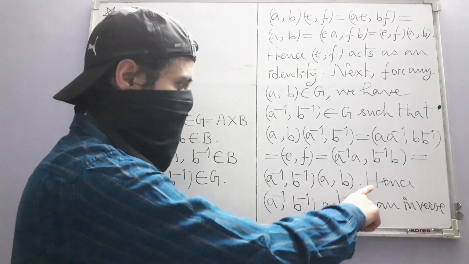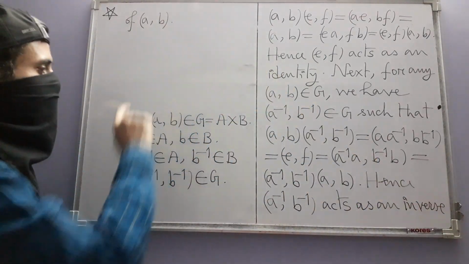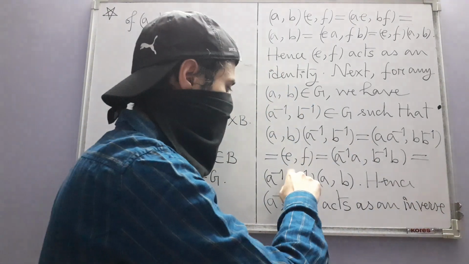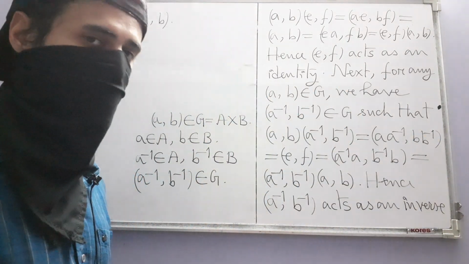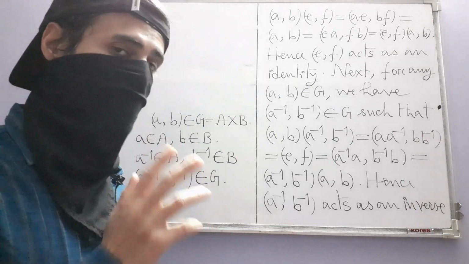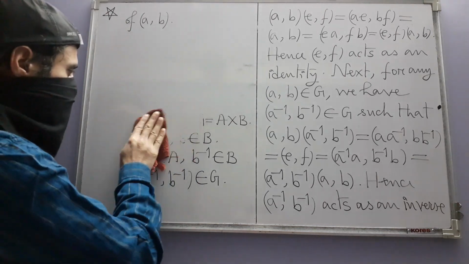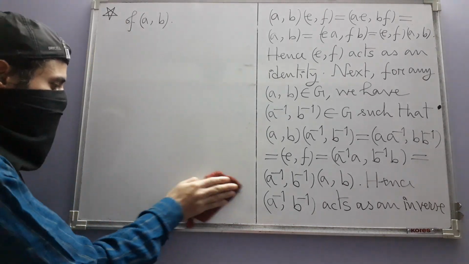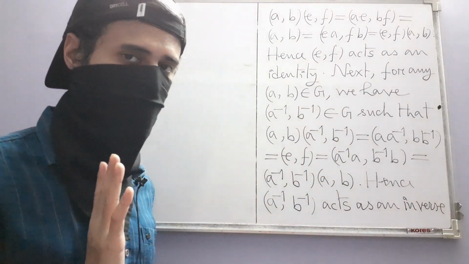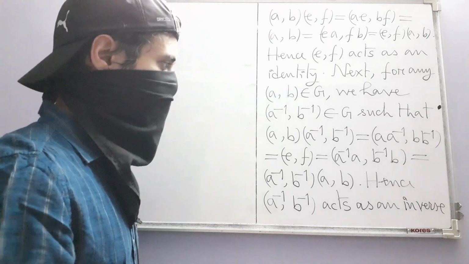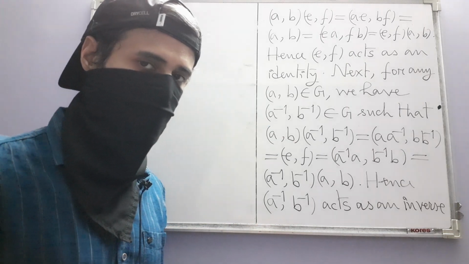You may feel that here, instead of writing this line, hence this acts as an inverse of this, I could have just simply written A comma B inverse is equal to A inverse comma B inverse. But I don't want to do that. Let me show you why. You see, we are in the process of showing that the system is a group. Now we know that in a group, every element has a unique inverse.